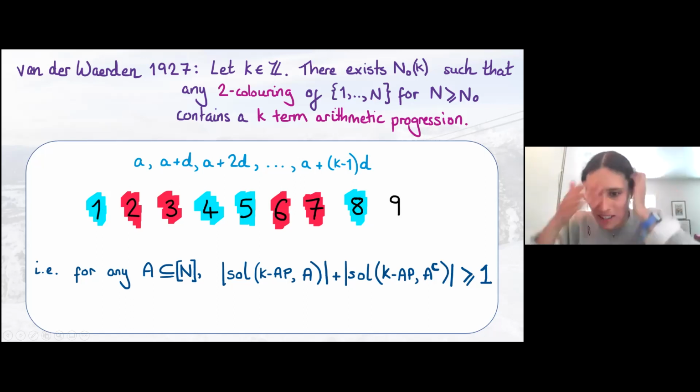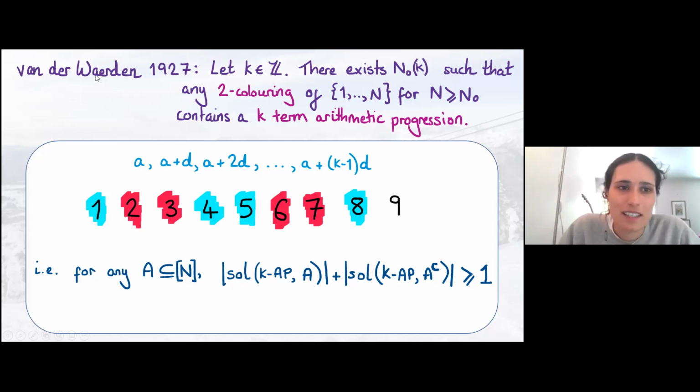And this is just some illustration, right? What van der Waerden says is that when n is big enough, however you color, you can't avoid having this k-term arithmetic progression. And in fact, this is true also where 2 colors is replaced by r colors, and n depends on k and r. Very, very beautiful result, I think.